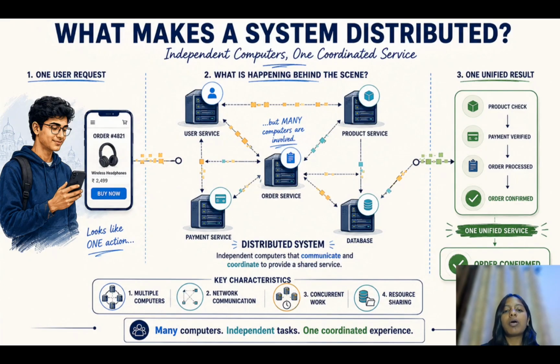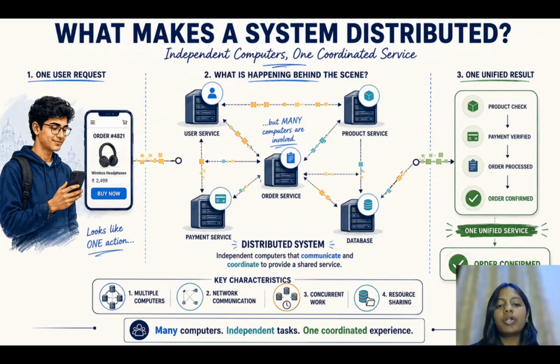So there are four important characteristics shown in this slide. First, multiple computers are involved. Second, these computers communicate through a network. Third, the different components can perform their work concurrently, meaning they can work independently at the same time.